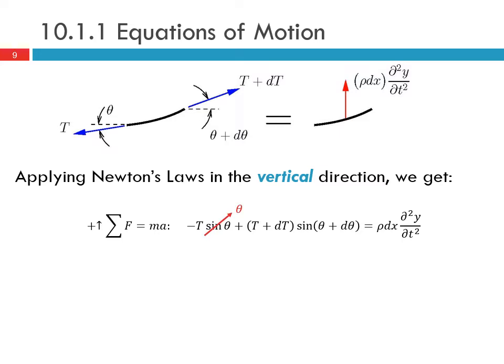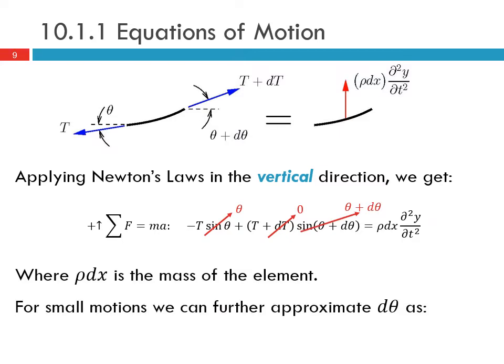So sine theta is approximately theta. dT we found was 0. Sine theta plus d theta is approximately theta plus d theta. And rho dx is the mass of the element. Again, rho is the mass per unit length, and dx is the length of our element. For small motions, we can further approximate d theta as partial theta by partial x times dx.